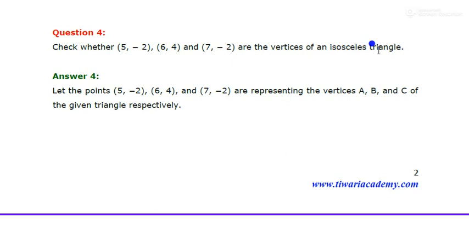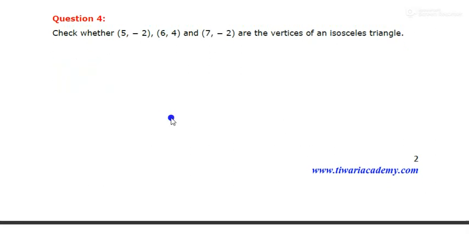So after finding the distances between these points, we have to show whether two sides are equal or not. Suppose if two sides are equal, then we can say that yes, these 3 points are the vertices of an isosceles triangle. So again name these 3 points A, B and C and start to find the distances AB, BC and CA.